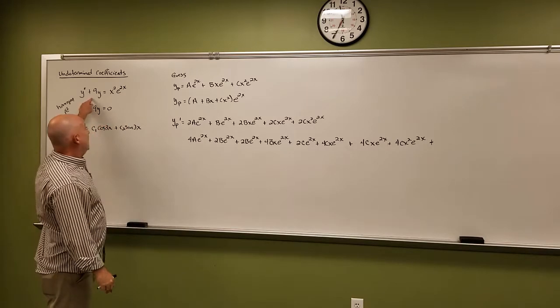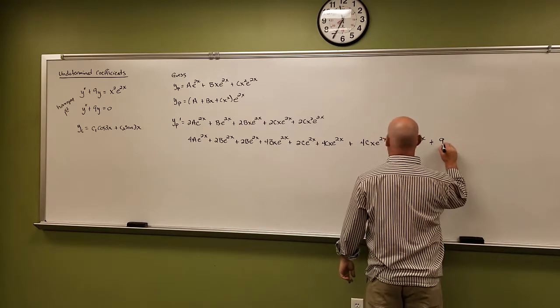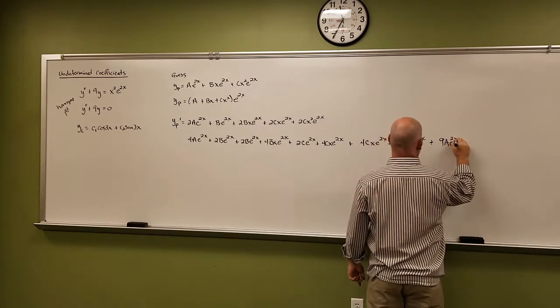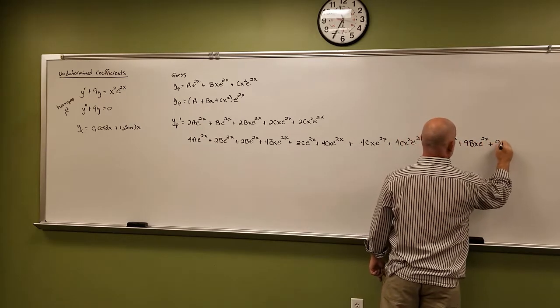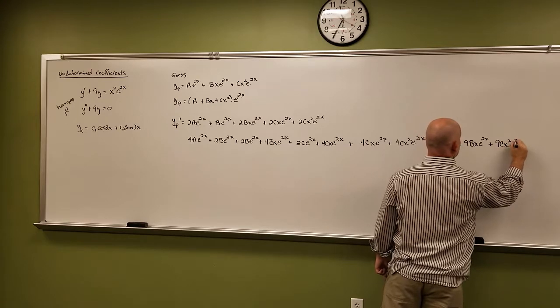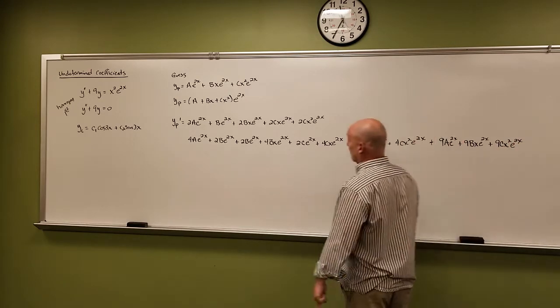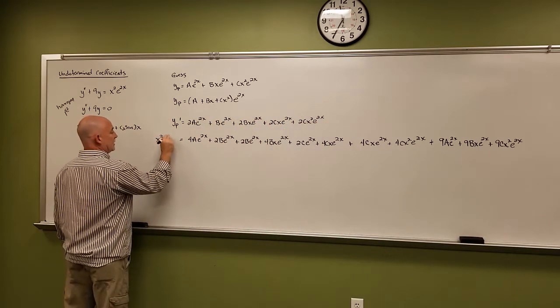I got to add 9 times our guess, so that's 9ae to the 2x, 9bx e to the 2x, 9cx squared e to the 2x. And I know all of that has to be equal to x squared e to the 2x.